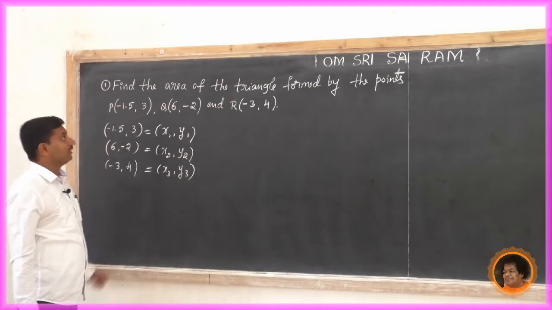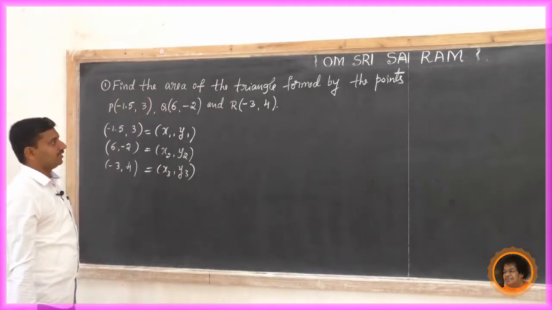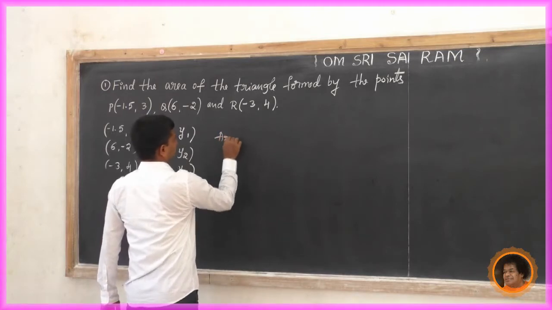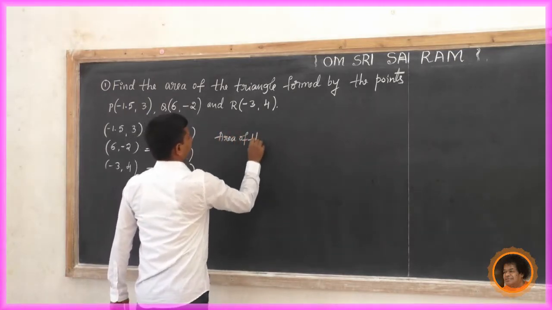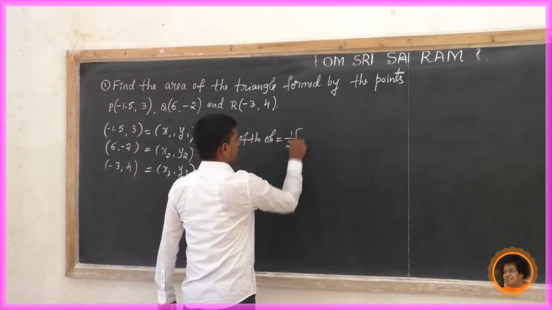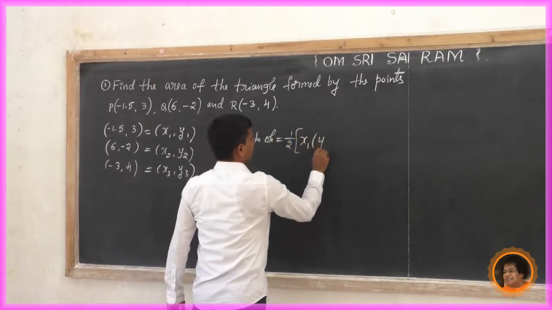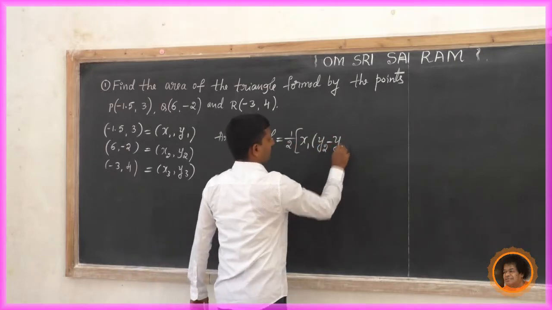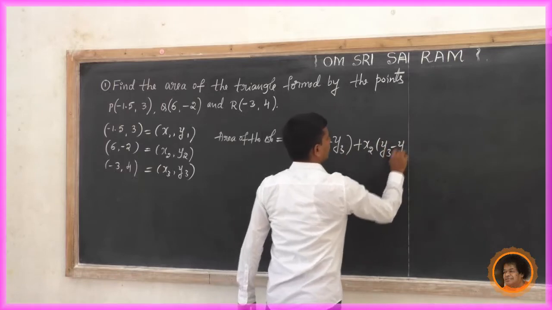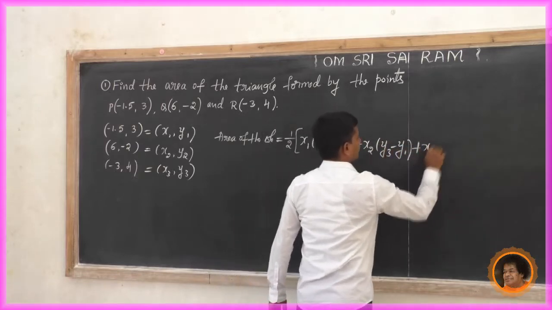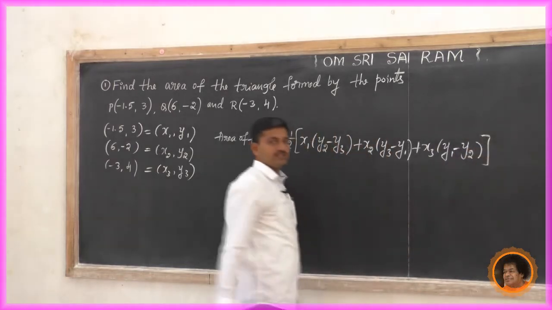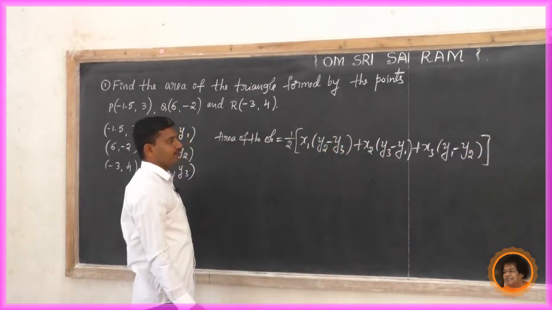The question asks us to find the area of the triangle. What is the formula? Half into x1 into y2 minus y3 plus x2 into y3 minus y1 plus x3 into y1 minus y2. By using this formula, we can find the area of the triangle.